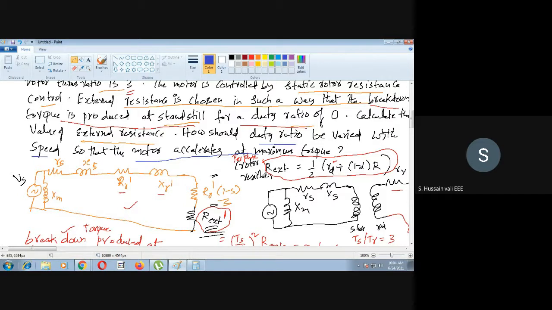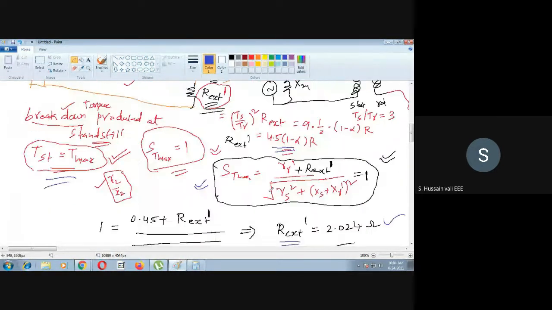So now how do you do this? We have to find this relationship for the condition where the motor accelerates at maximum torque. So we will use this equation as it is.